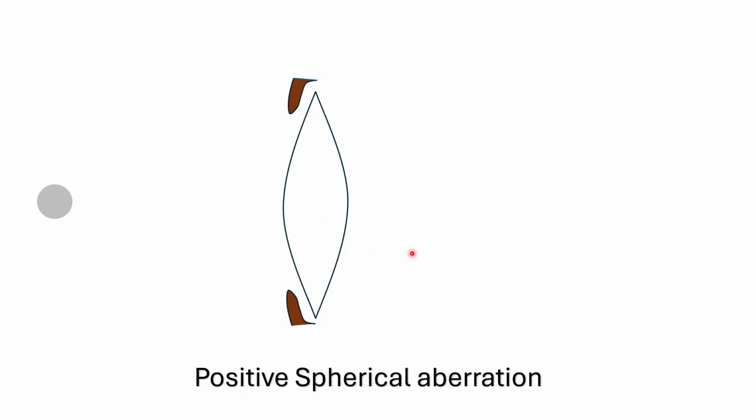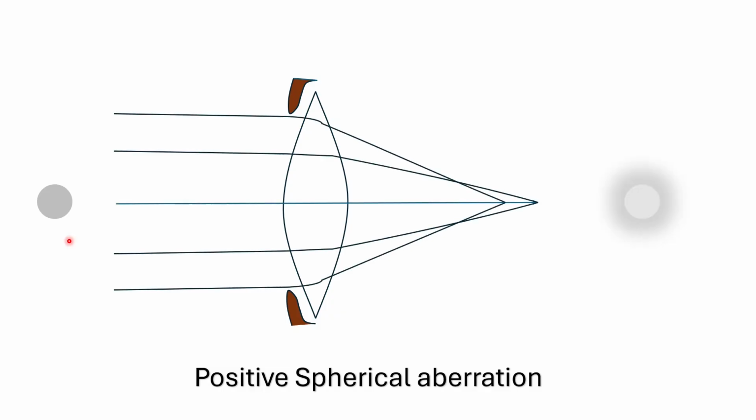So when there's an object at infinity, the rays come to us and strike the lens and get focused. The problem with spherical aberration is that the periphery of the lens is far more powerful, in the sense that it can bend the light more than the central part, and as a result we have an image with a halo around it, consisting of defocused rays which are not focusing on the screen.